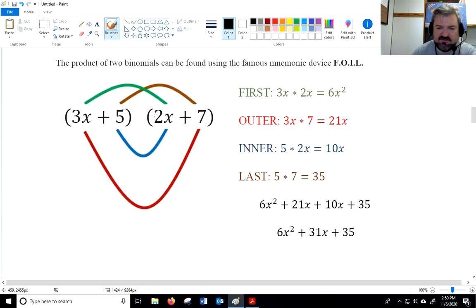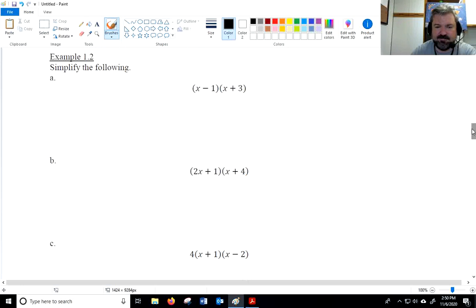So 3x times 2x is 6x squared, and then the outer would be the 3x and the 7 is 21x, and the inner is 5 times 2x, and the last is 5 times 7. But this is basically just double distributing. I just think of it as like I'm distributing the 3x to both terms, then I distribute the 5 to both terms. All right, let's take a look at some examples where we have to FOIL.